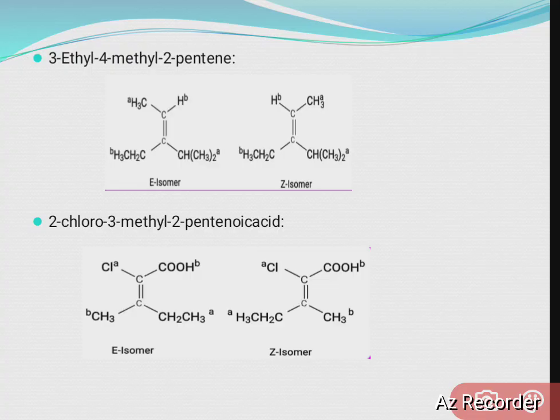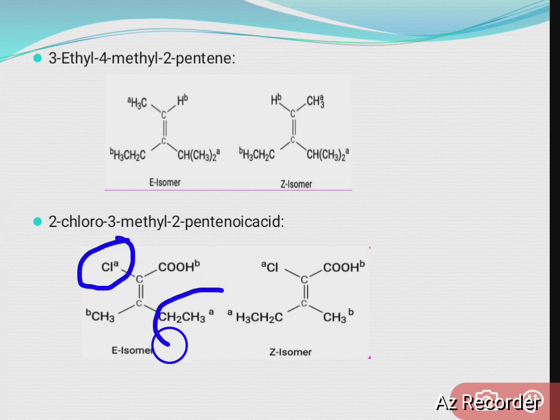Okay, next see here, after designating the priority, we are going to know which one is the isomer. See here, this is the highest priority one. Here this is the highest priority one. So what happened here? The two highest priority groups are on the opposite side, hence it is the E isomer.